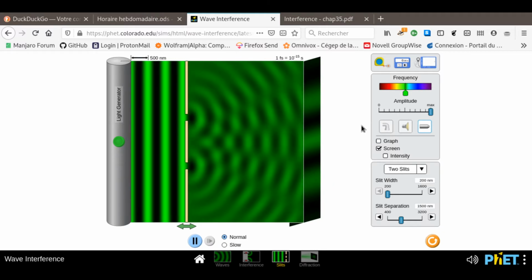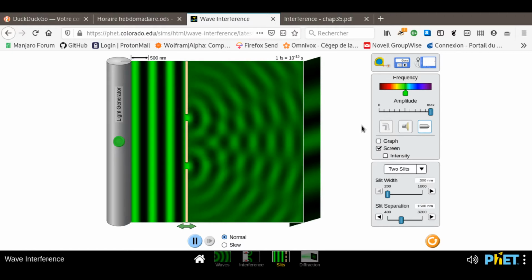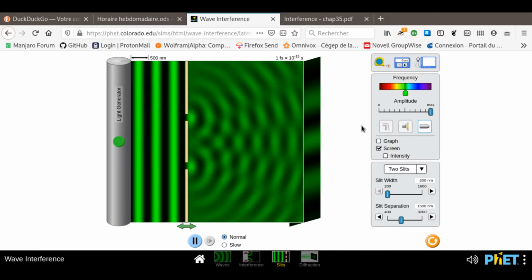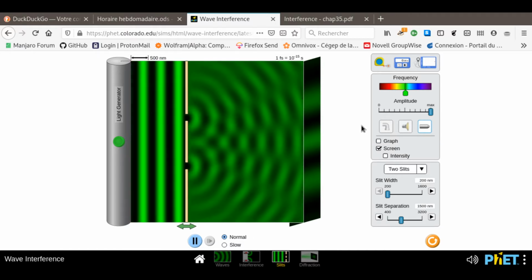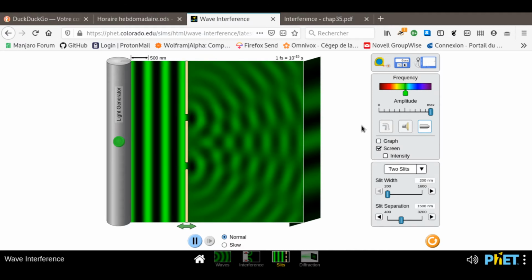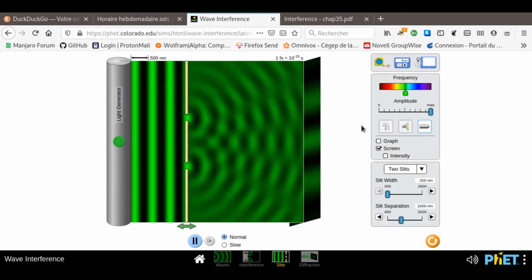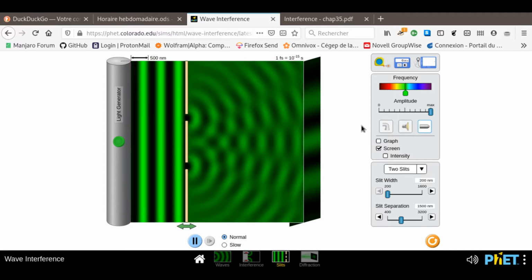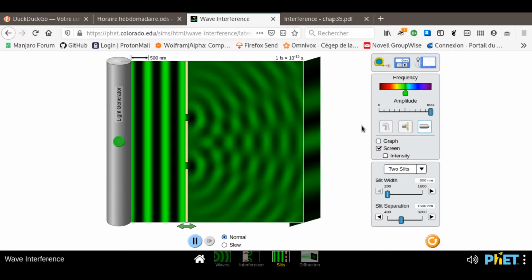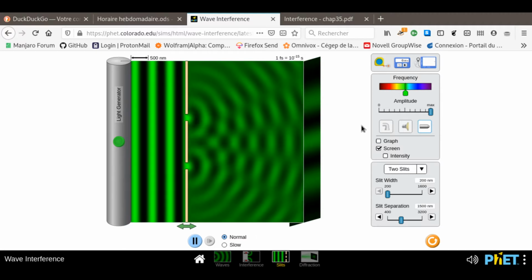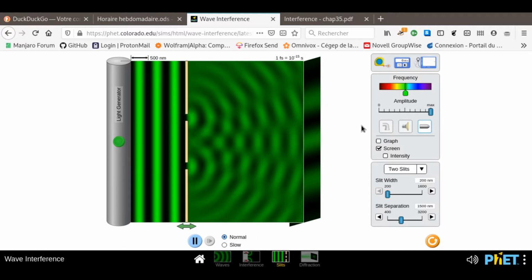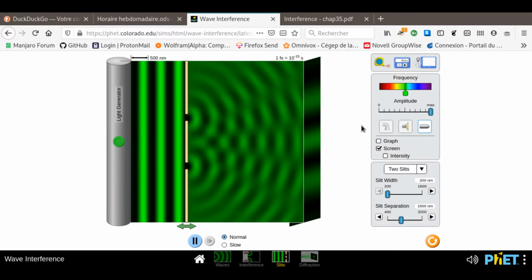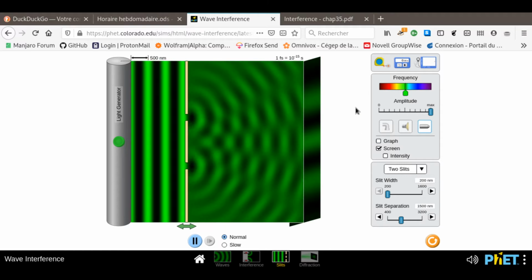So the simulation kind of gives away the answer and the explanation. What we see in the end on the screen is not two bright fringes as we would probably expect if we imagined the light to just go through each of the two slits and hit the screen, but instead we get a bunch of bright fringes separated by dark fringes. Here we have three.